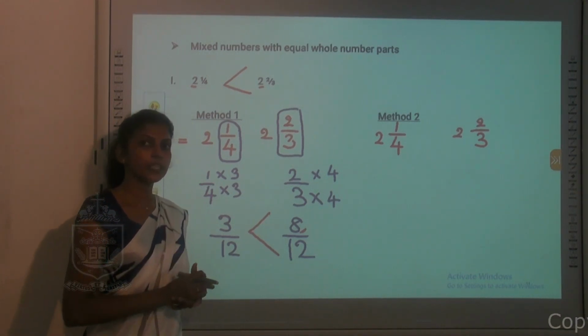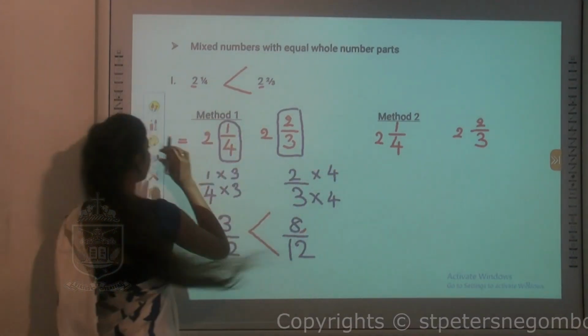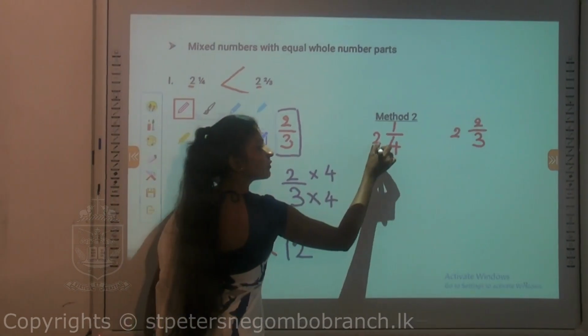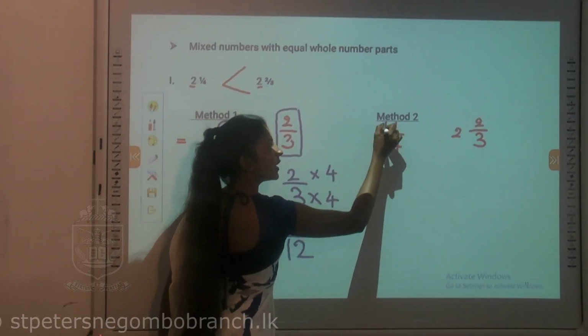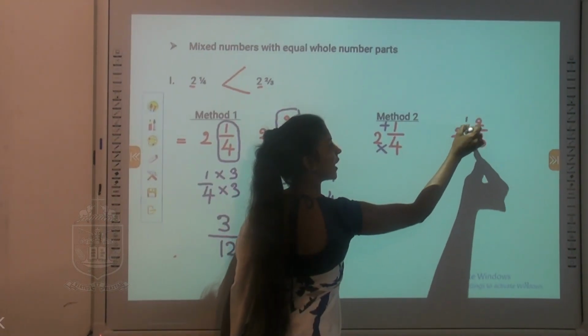How can we convert them into improper fractions? I think you can remember the shortcut method which we did, right? We multiplied like this and then added the value.